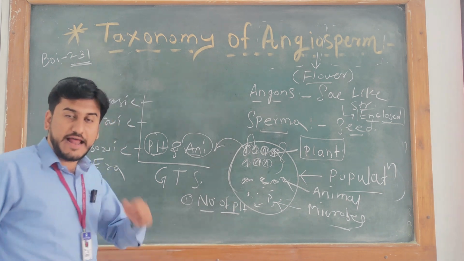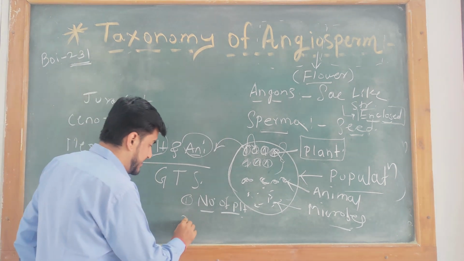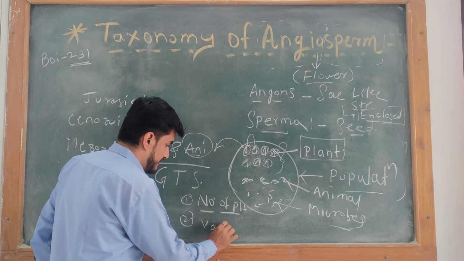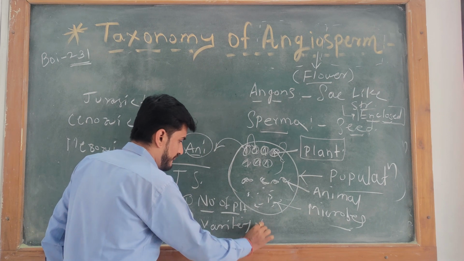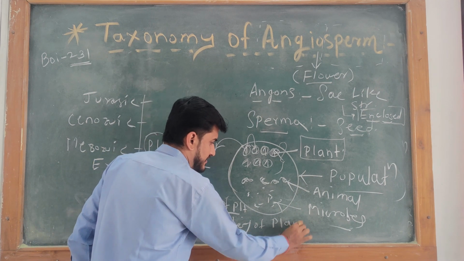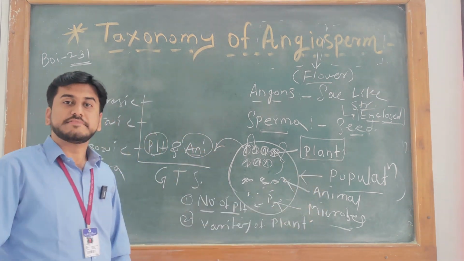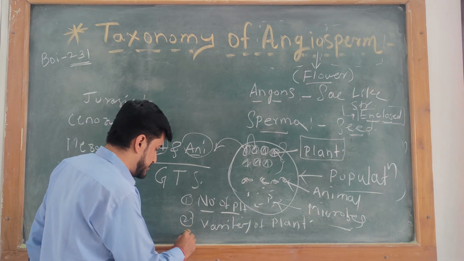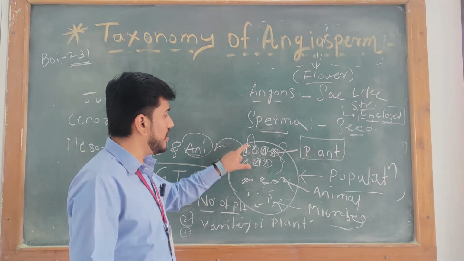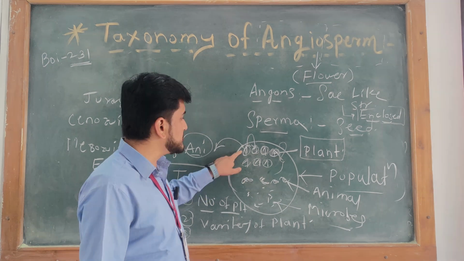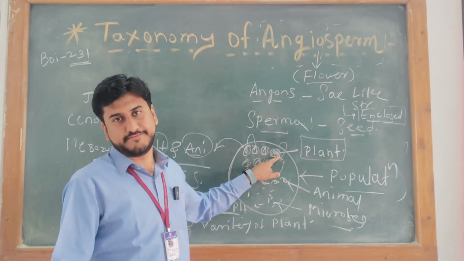First is the number of plants. Second one is the variety of plant groups in the population, and third one is the study of all these groups in a comparative manner.